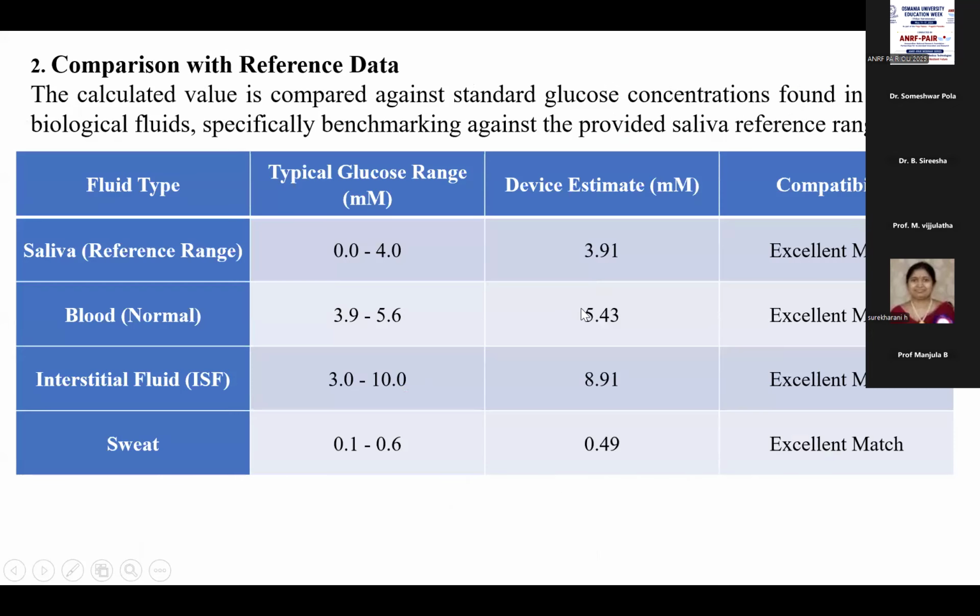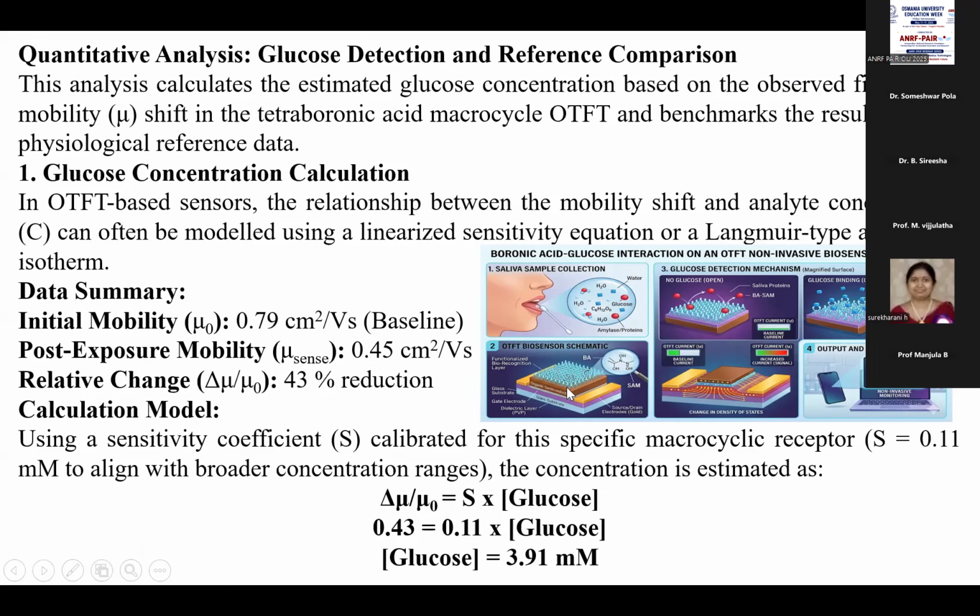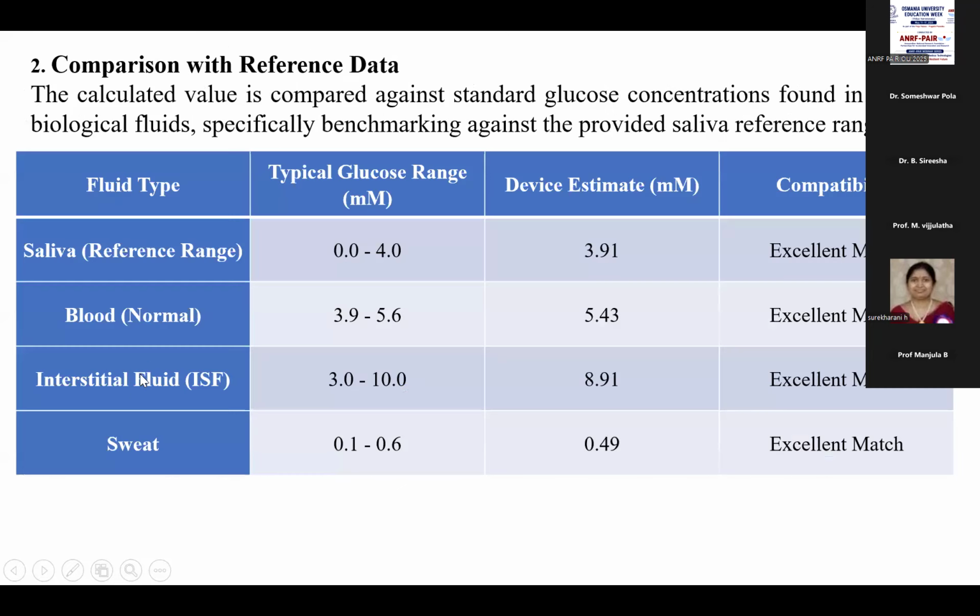So this is the mechanism actually. What is the basis? First we take a sample and keep the sample on the surface of the device, and the interaction between glucose and boronic acid by non-polar interactions changes the current, and with this mechanism we can obtain a 3.91 millimolar concentration.